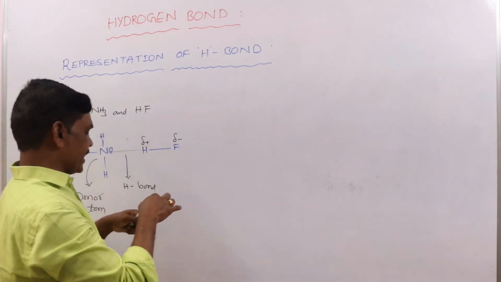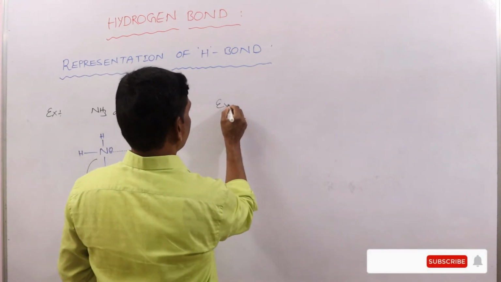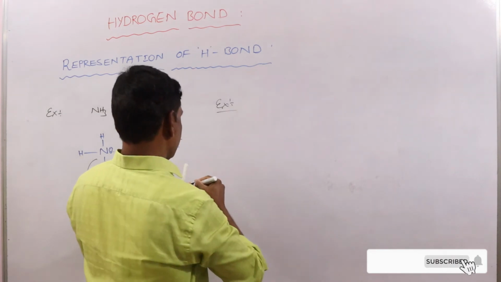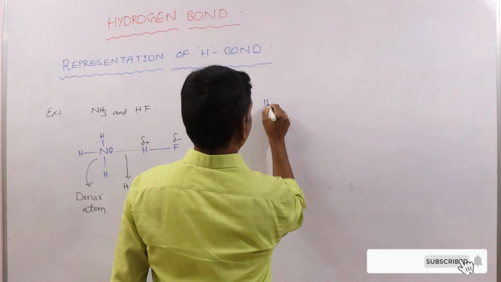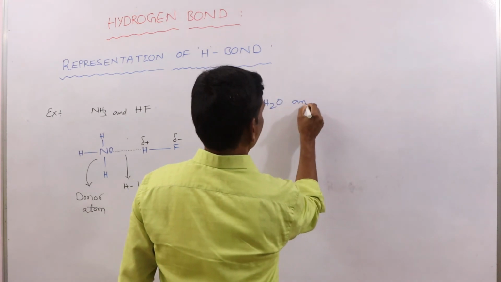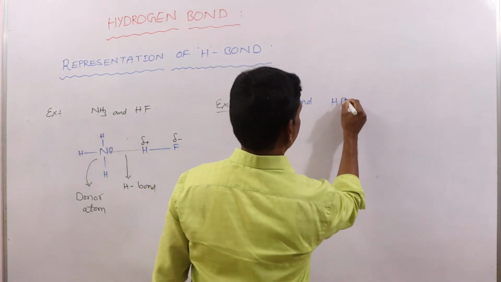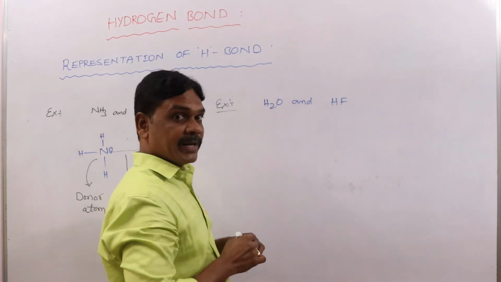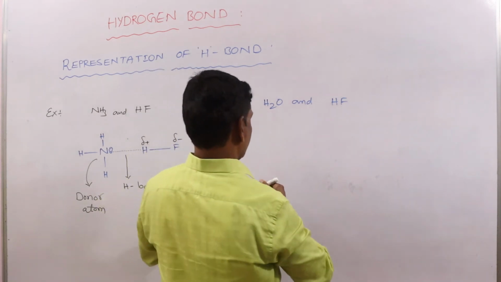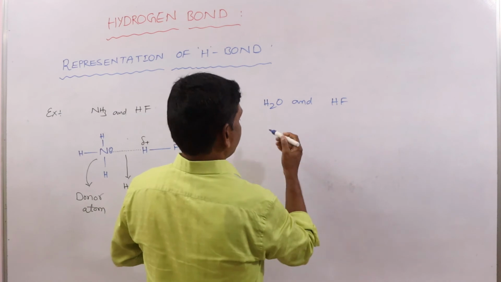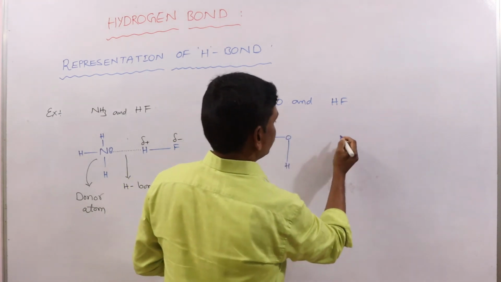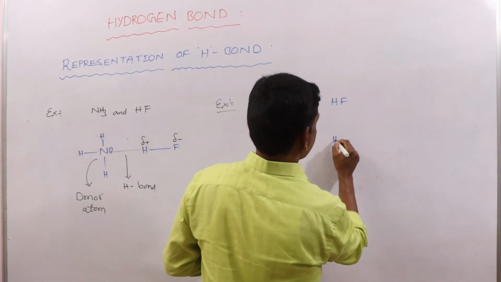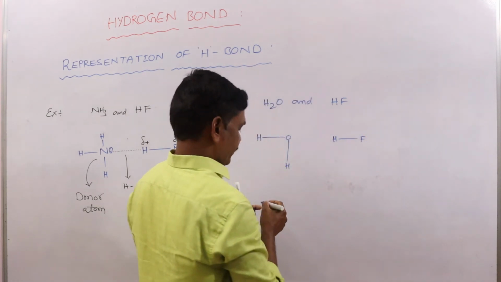Now the second example is between H2O, the water molecule, and hydrogen fluoride. Here I am drawing the structure of the water molecule, and here is hydrogen fluoride.